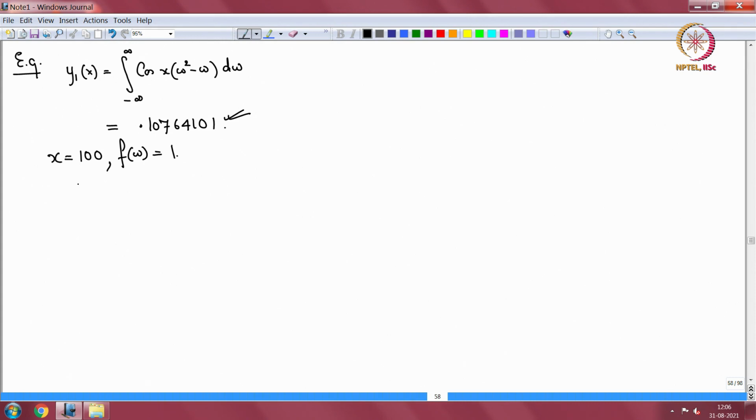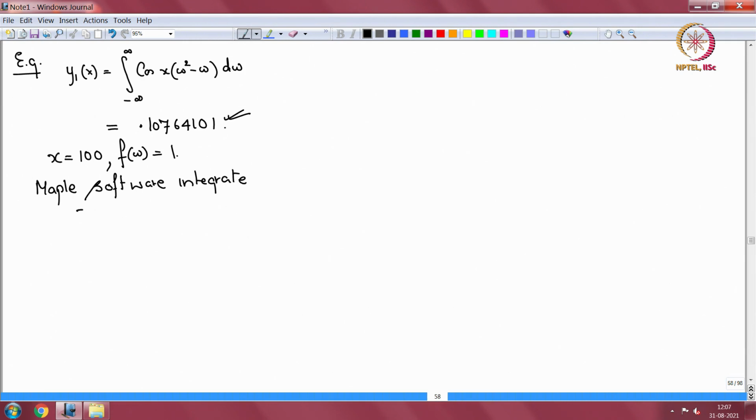Then I use some software, say Maple, to integrate numerically.